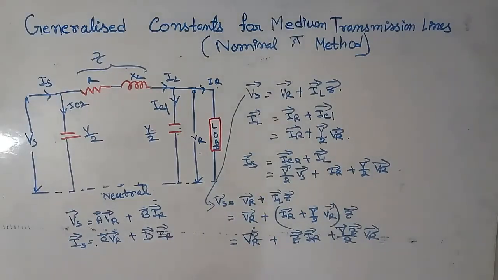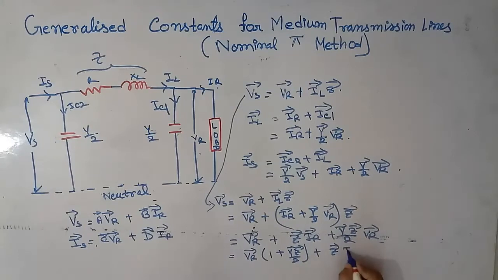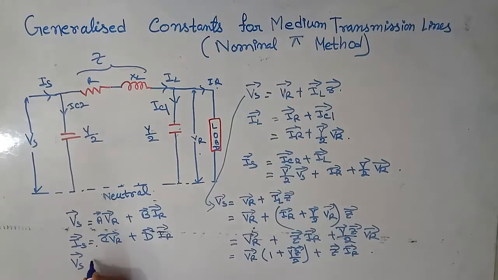Now I can write, if I take common VR, then this is equal to 1 plus YZ by 2 and ZIR. Now I write down the expression of Vs on this side.